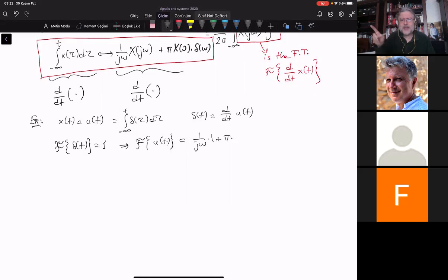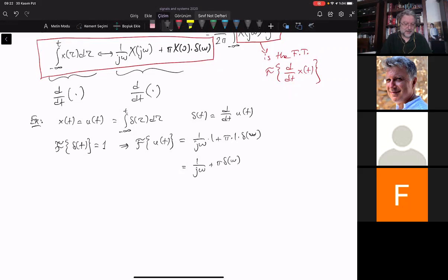X of j omega is 1 everywhere, including 0, so it is times 1 times delta omega. Let's write it without the extra ones. It is 1 over j omega plus pi delta omega.